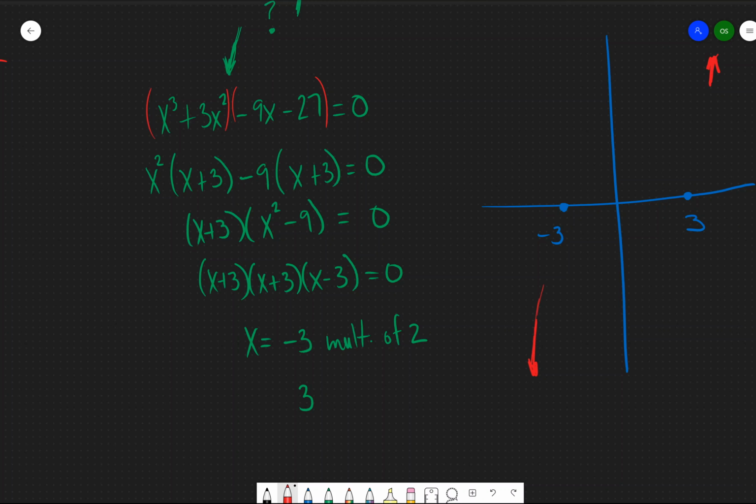So that's an even multiplicity. So I'm going to get up to negative 3 and be tangent there. That's why I'm bouncing off. And then at 3, we're going to go through 3 because it was an odd multiplicity. So bounce, there it is, and then the cross.